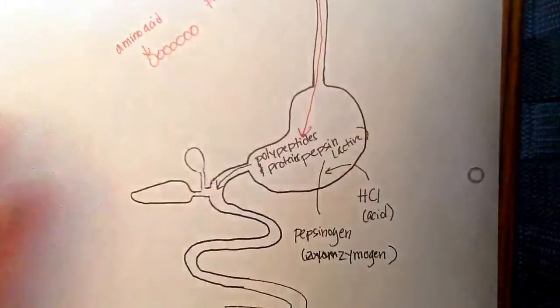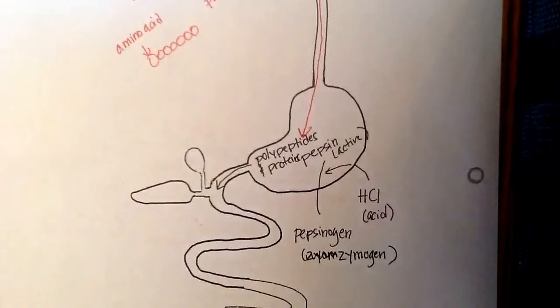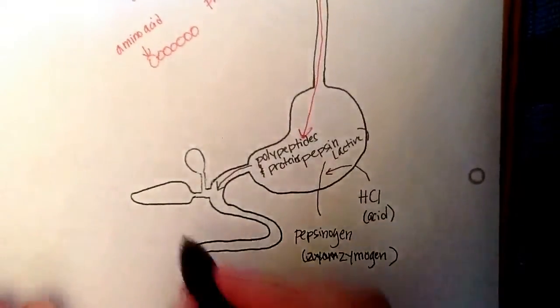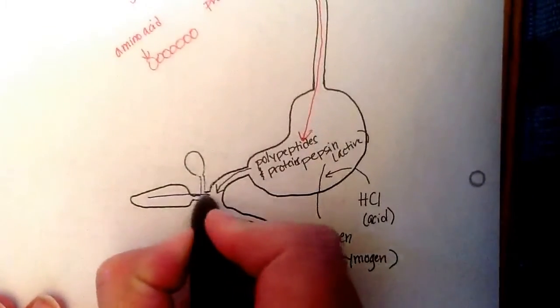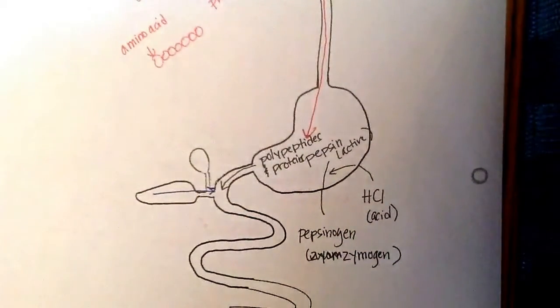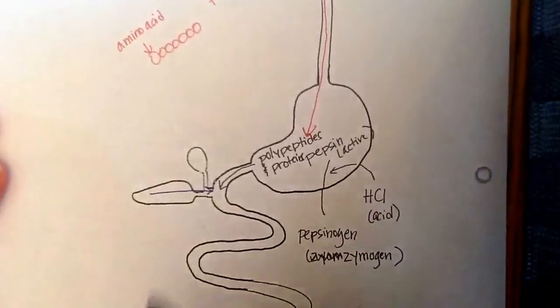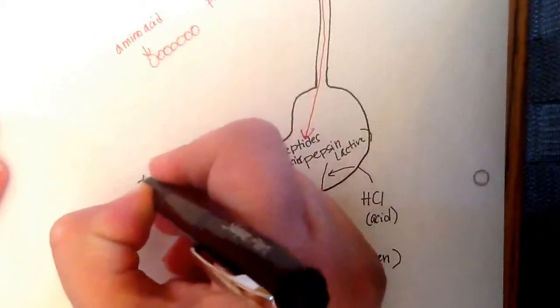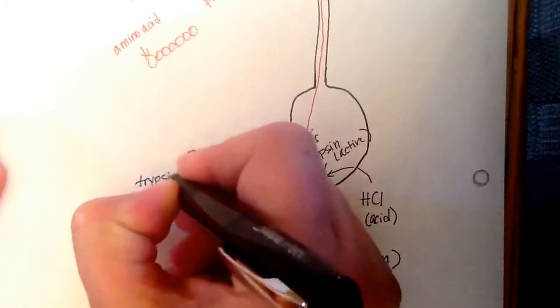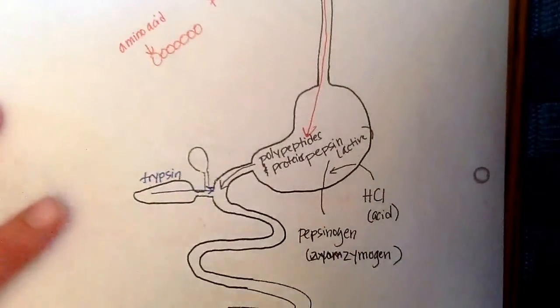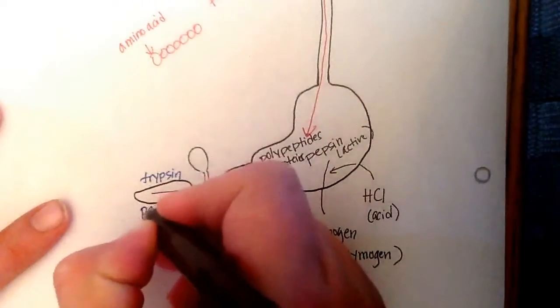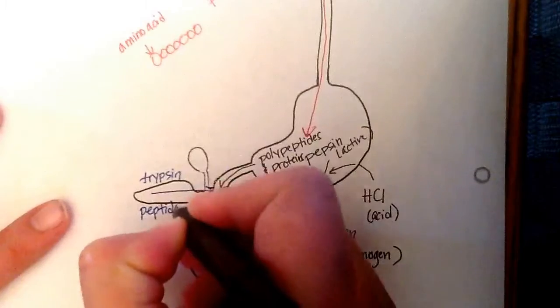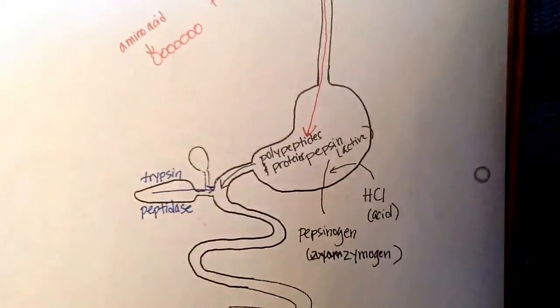In the pancreas, there are two enzymes that are going to act on the polypeptides and proteins that are coming from the stomach. Trypsin is going to act on the proteins and break those down. And then we'll have a bunch of different peptidases, and I'm not going to ask you to name specific ones.